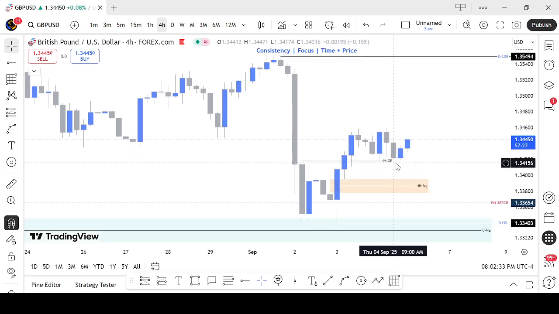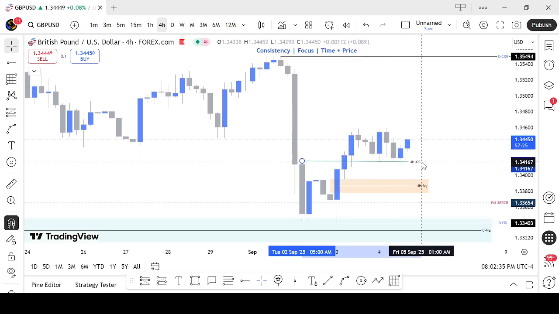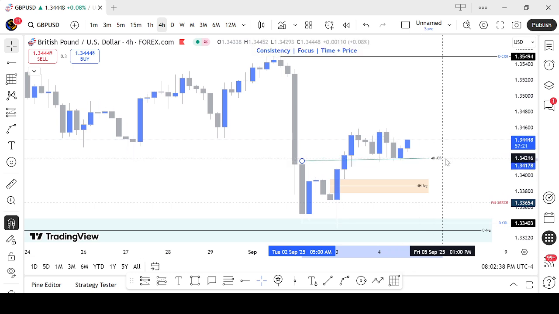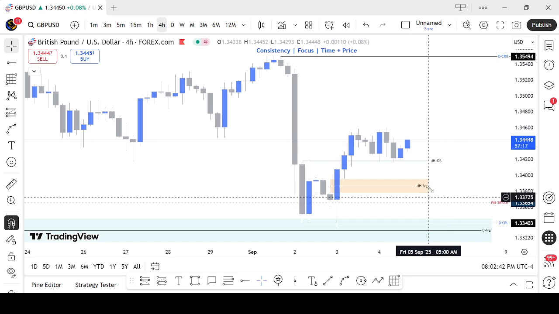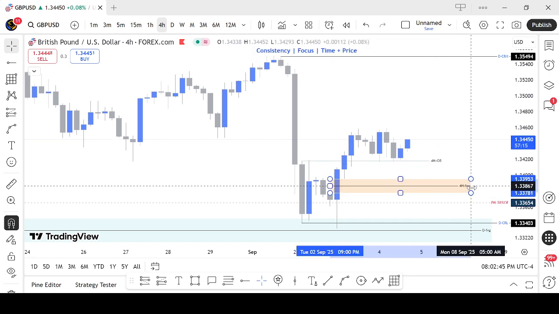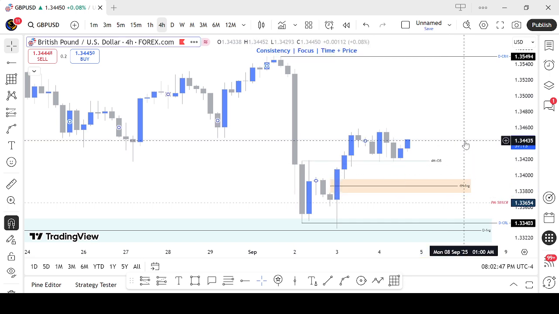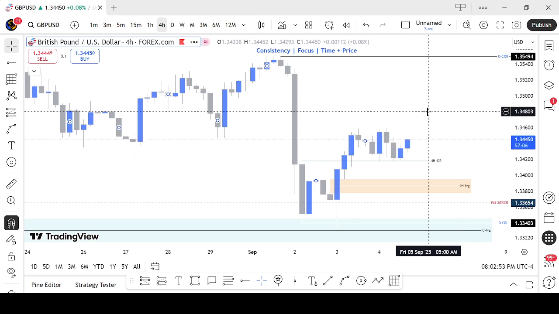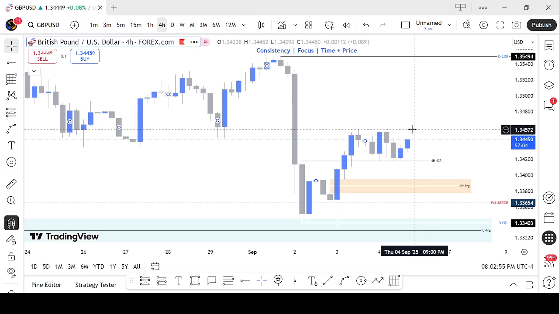So now sit with me and let's go to the cable, which is GBP US dollar. On GBP, if we are going to have a spike tomorrow, you all know what a spike is. When the market opens, you just see a wick.